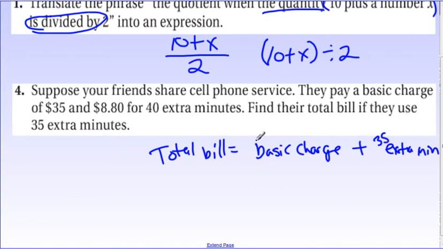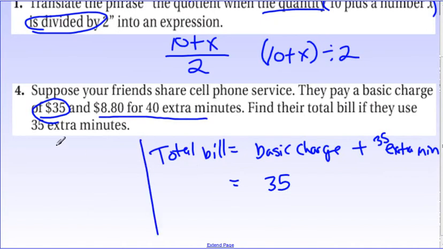Now, I know the basic charge is $35 from there, but it says they paid $8.80 for 40 extra minutes. We want 35 extra minutes. So this is where that unit rate thing comes in again, because if we can find out how much it costs for 1 minute, we take that times 35, and we've got the cost of 35 minutes.